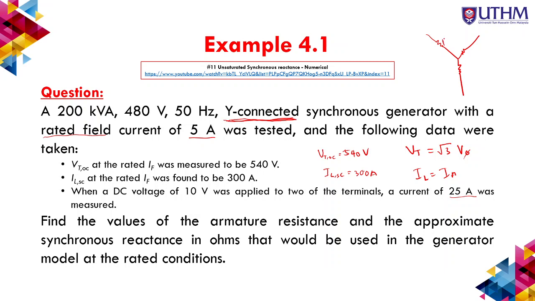So there are 3 RA. Okay, two points are connected with a 10 DC volt, and then the current is 25 ampere. From here we can calculate the RA.